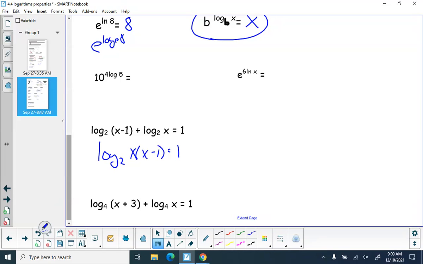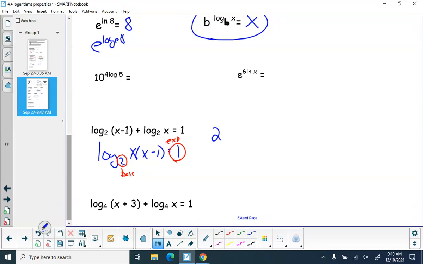Once again, we have to be able to convert from logarithmic form into exponential form. So we have base and we have exponent. This is base. This is exponent. This is our value.